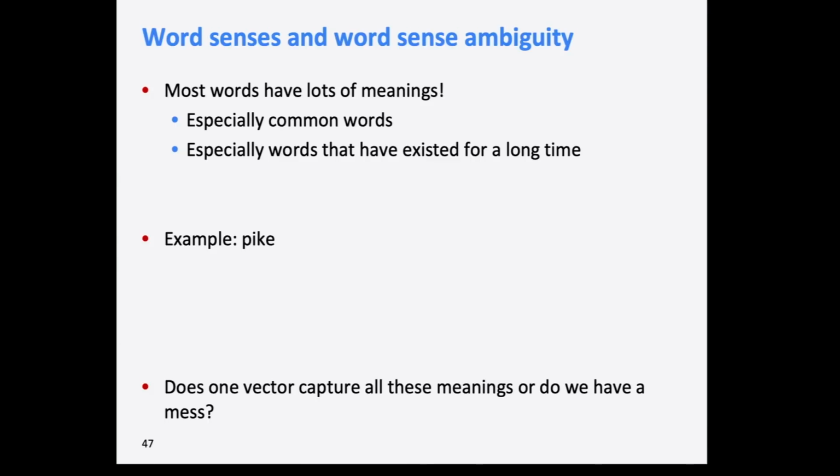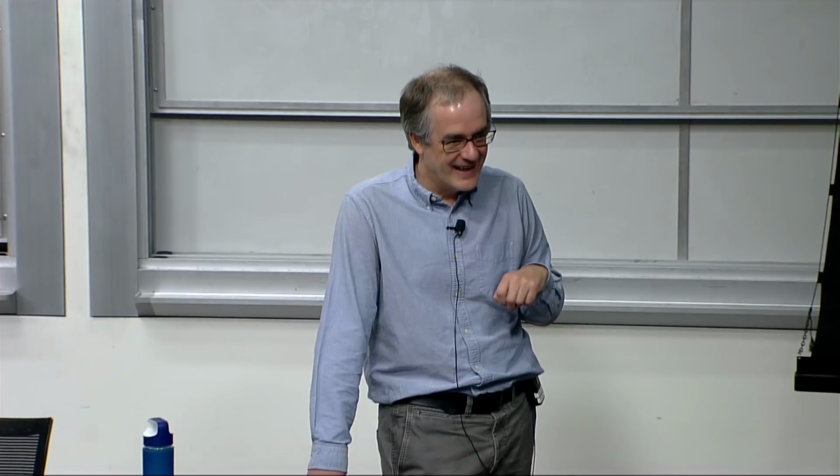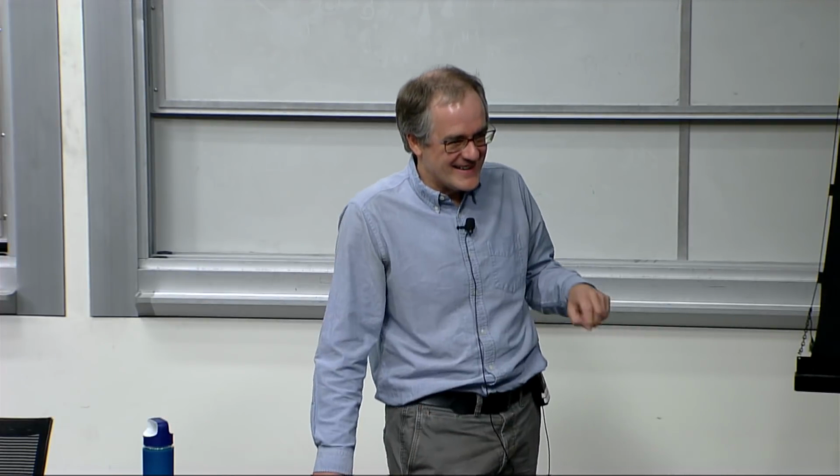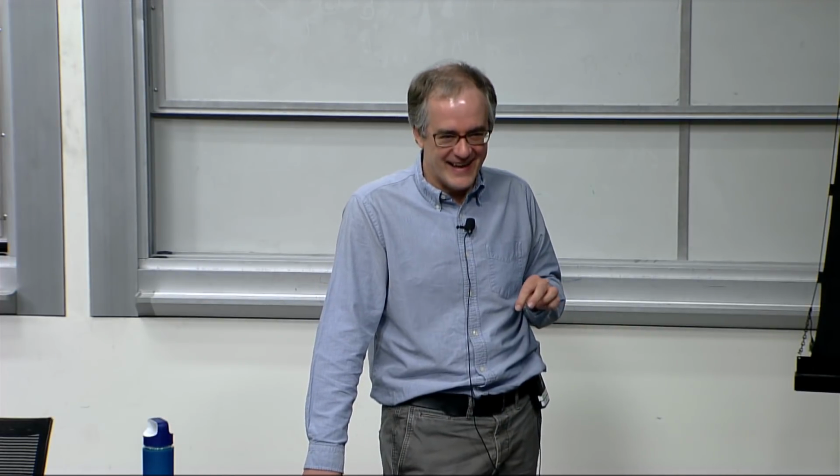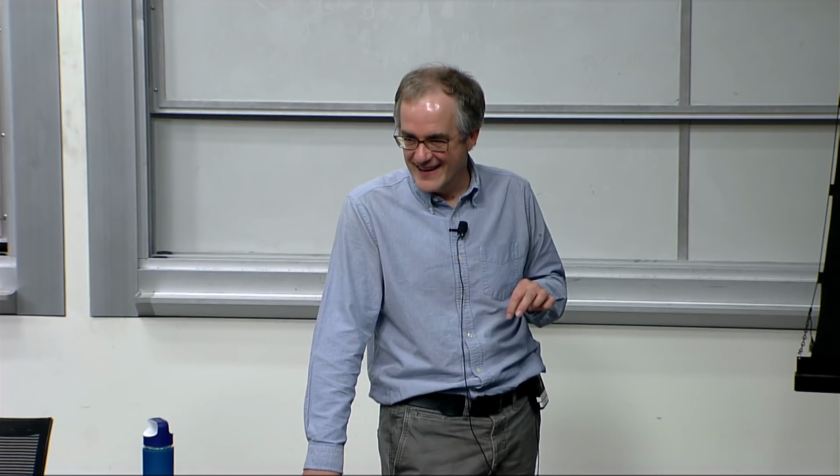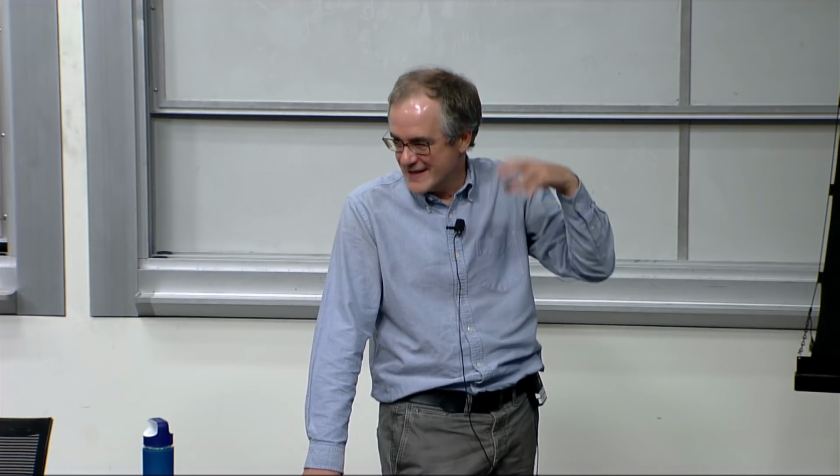Maybe this isn't even such a common word, but my random word I've got here is pike. Pike has lots of meanings. It's a kind of fish, so there's a fish that's a pike. What else is a pike? A large spear, yes, so a large spear is a pike. Other kinds of pikes: a gymnastics move or a diving move.